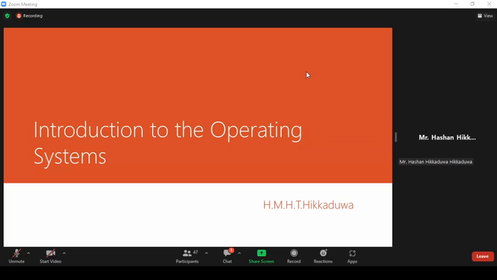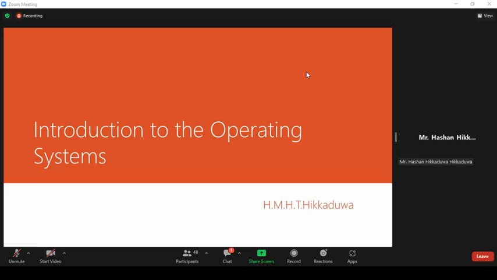If you take operating system, it is a category of system software. Operating system basically manages all the resources of the computer. Keep in mind, operating system manages all the resources of the computer.